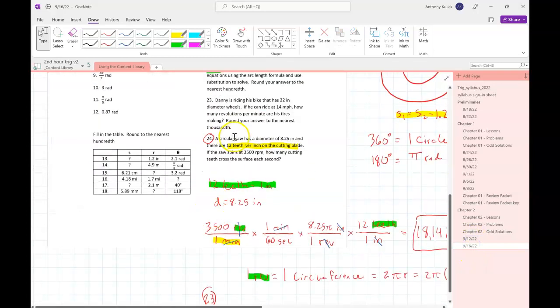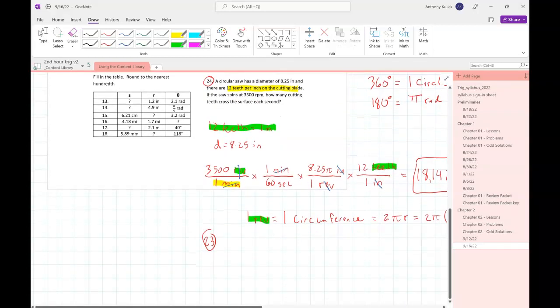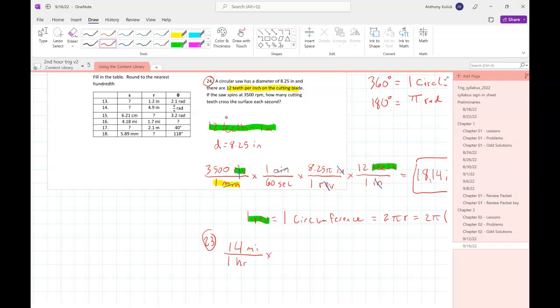In this question, we have a bicycle with 22-inch diameter wheels going 14 miles per hour, and we're asking how many revolutions per minute the tires are making. Almost the exact same question. So what we did in 24 is going to be almost the exact same work. The only difference is that instead of going to revolutions per second, we're going to be going to per minute.